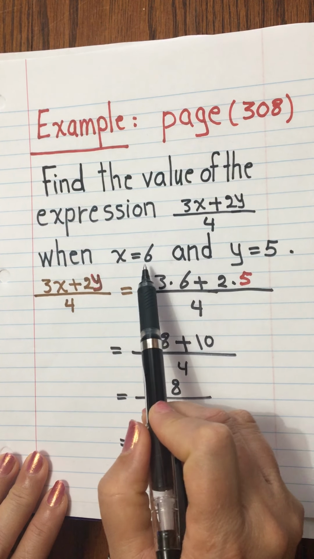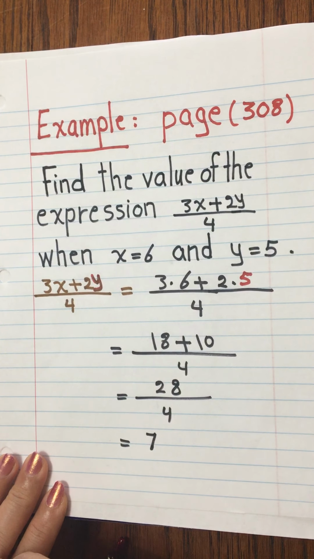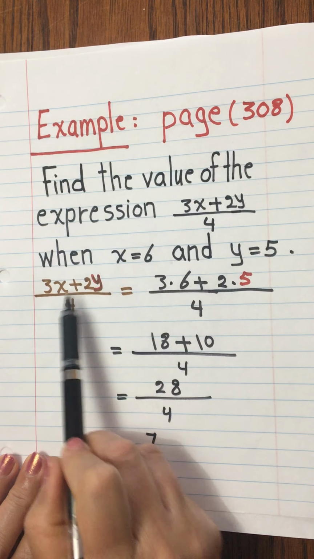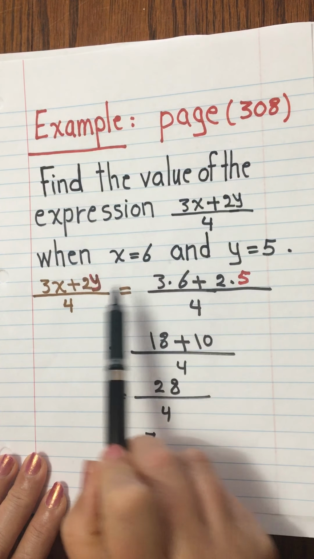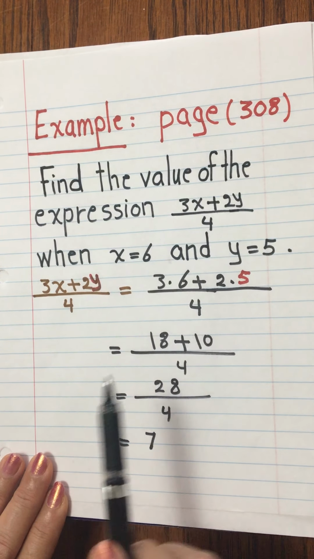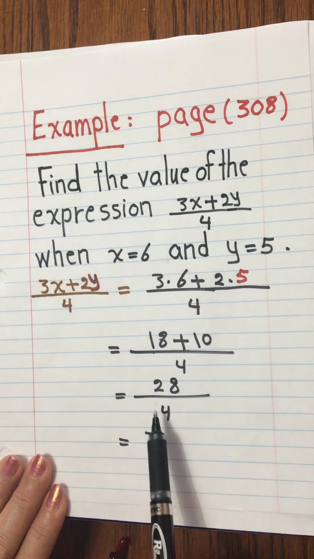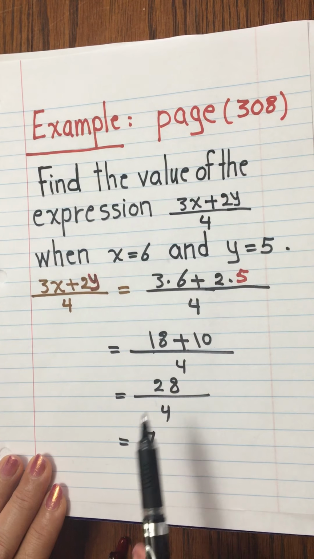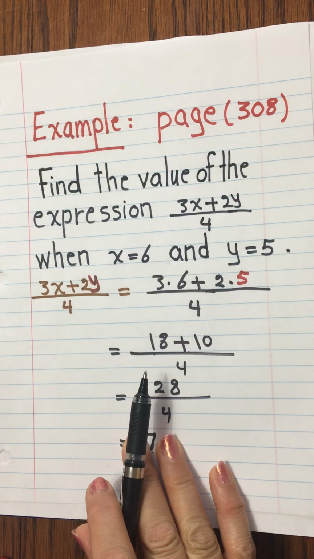I'm gonna plug in 6 in x and 5 in y. So 3 times 6 plus 2 times 5, over 4. So just multiply, I'm gonna have 18 plus 10, then 28 over 4, and 28 over 4 equals 7.